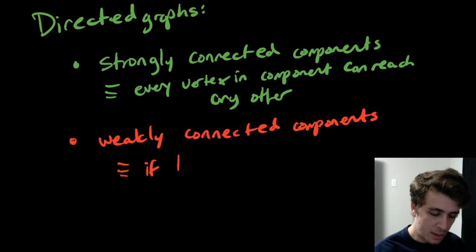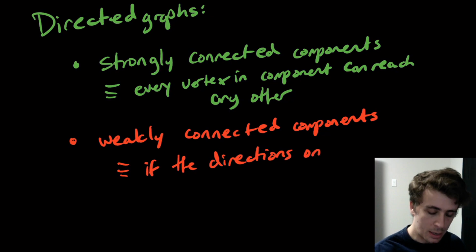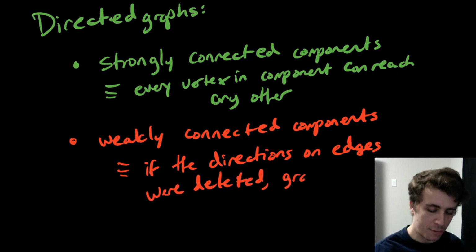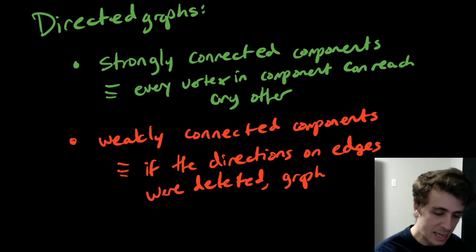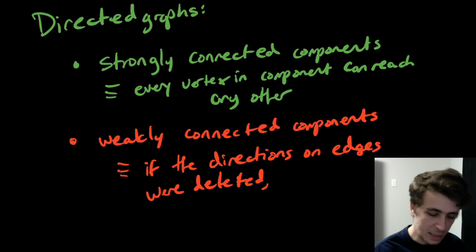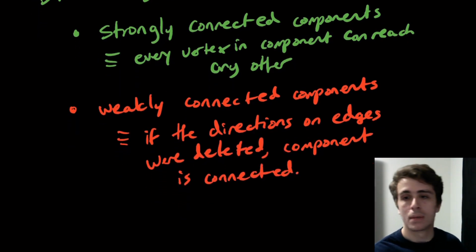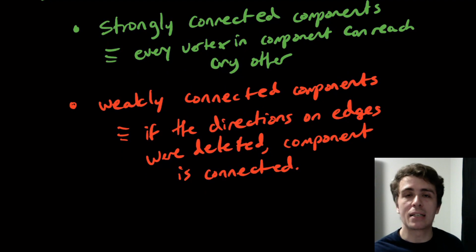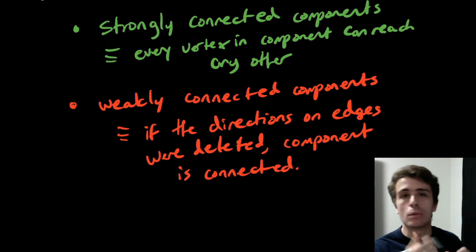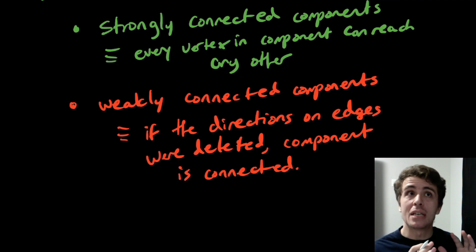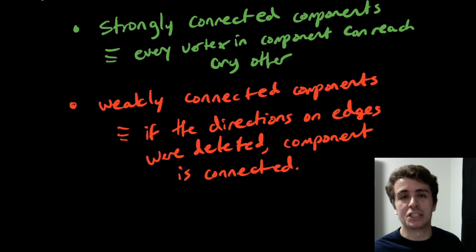So if the directions on the edges were deleted, the component itself is connected. Okay, so if it was an undirected graph, we keep all the edges there, we just remove the direction. But if that's the case, then it is still connected.